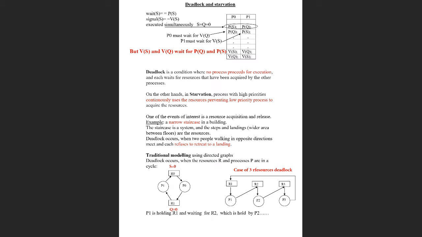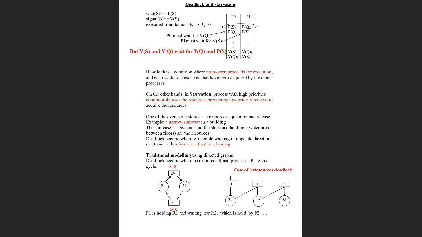So deadlock is a condition where no process can proceed with its execution because they occupy a resource which is claimed by the other process and vice versa. Starvation is continuous blocking of using the resource, preventing a low priority process from acquiring such a resource.